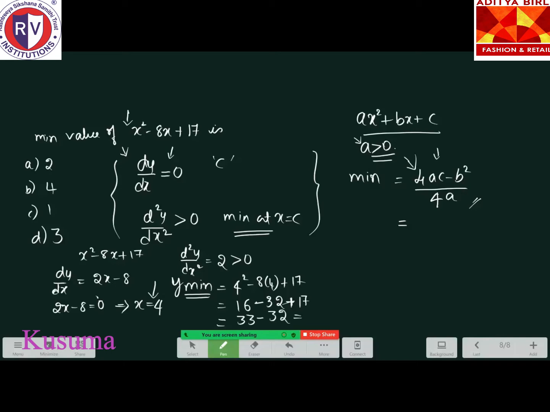Minus 32, which is equal to 1. Okay, you followed this method. So I got y minimum as 1.